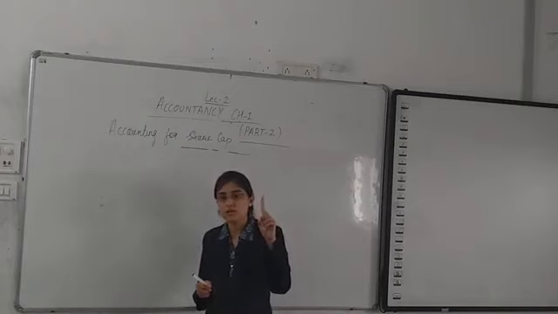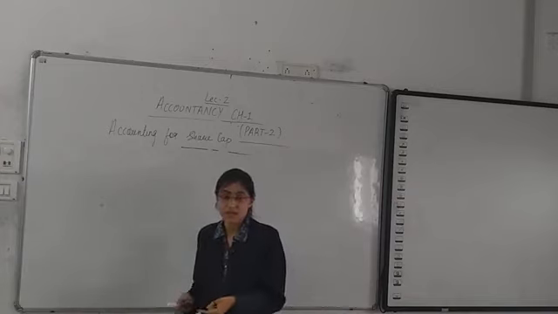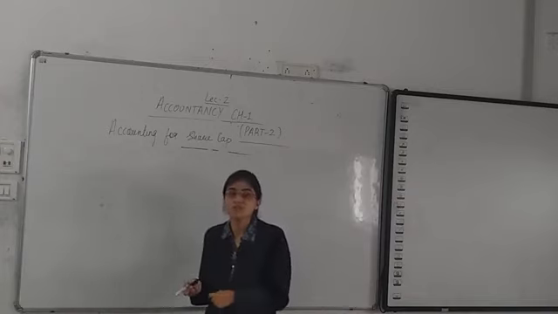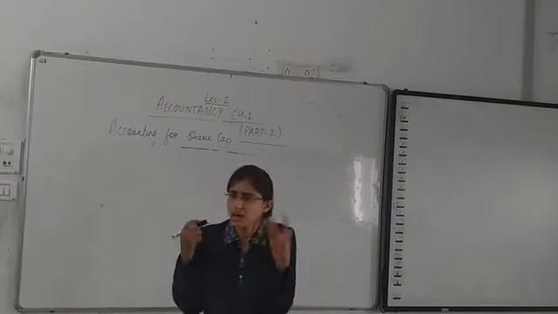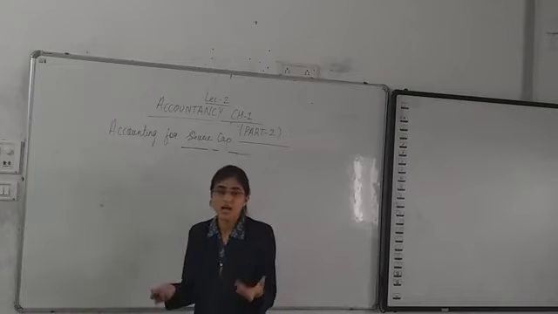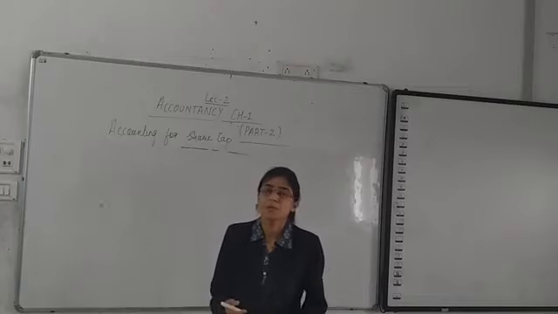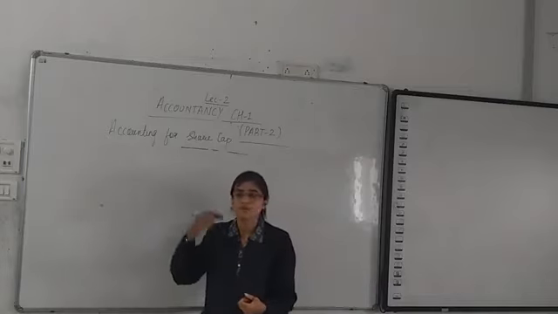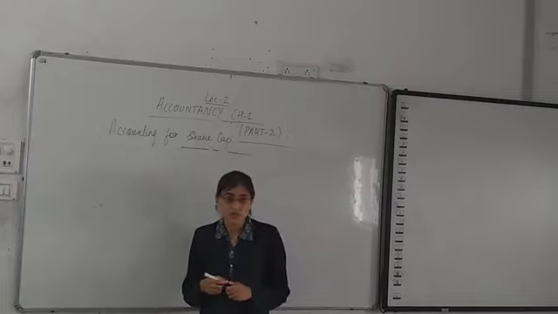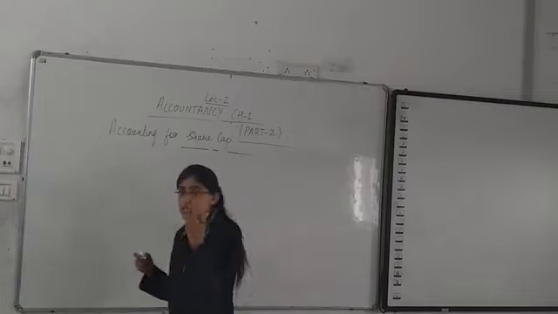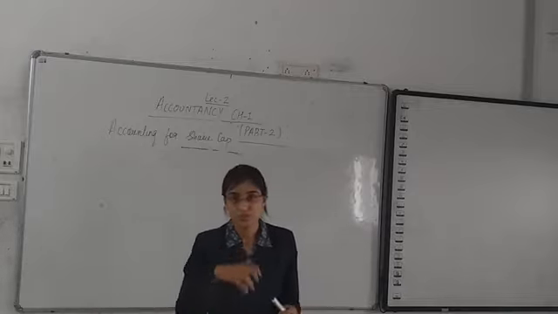First step is application: I will receive application money and allot them shares. Then the allotment money becomes due. As I said, the amount is collected in installments. If I ordered 2 rupees with application, I will now ask them to pay 3 rupees for allotment, a further 2 rupees for first call, and finally the remaining for the second or final call. So this journal entry is for when allotment money becomes due.